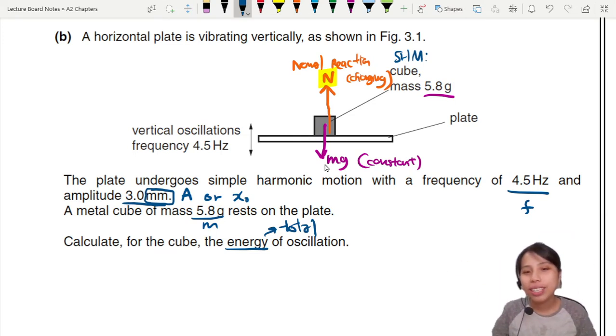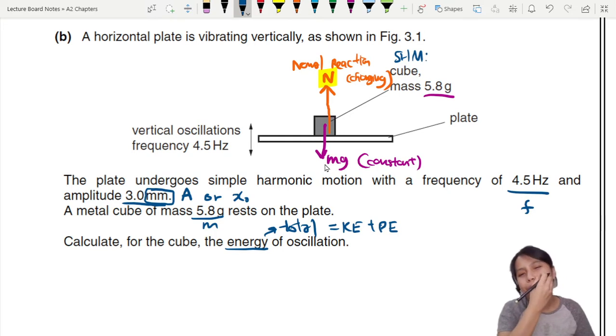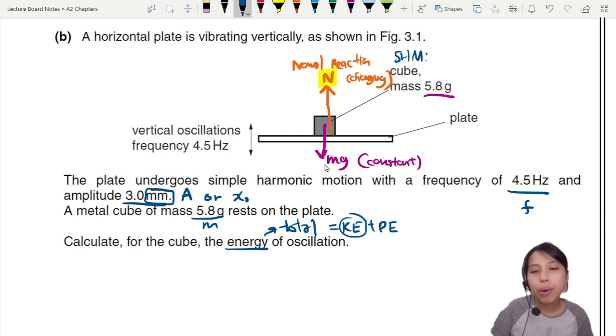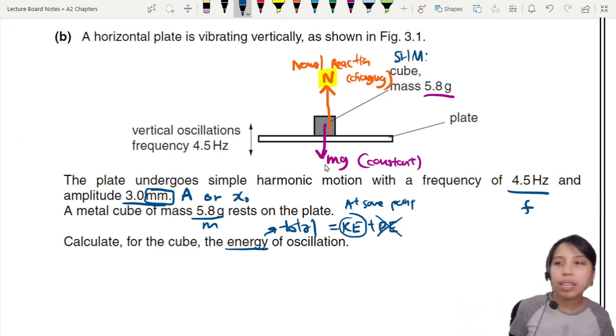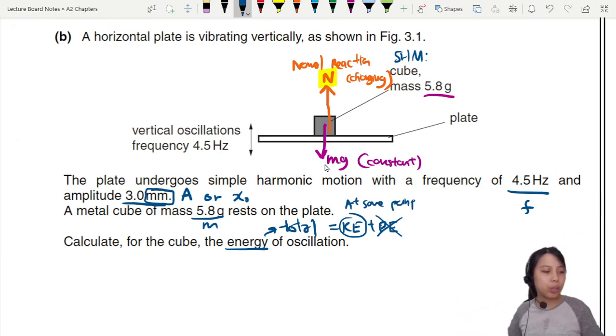So total is basically KE plus potential energy due to the oscillation. But the easier one to find usually is KE. At some points there will be no PE, and everything is just KE, maximum kinetic, moving the fastest. Now, where is that going to happen? Let's list out the ideas.